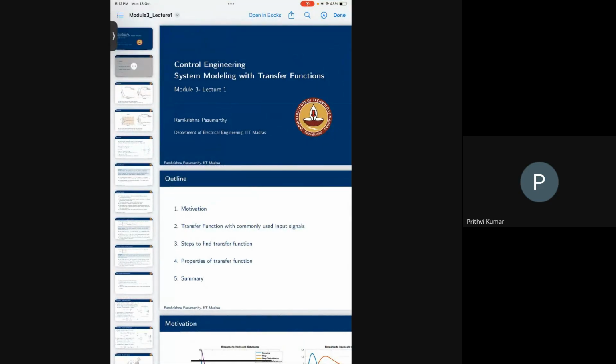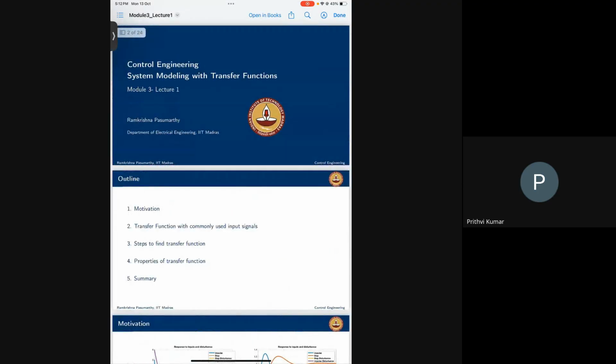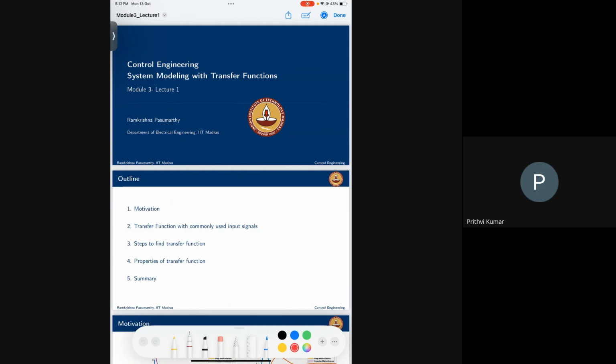Okay, right. First, we'll start off with lecture 1 of module 3. In this lecture, overall, we are going to see some of the basics of transfer functions: why, how, and what about transfer functions, and how to find a transfer function for any real-time system.